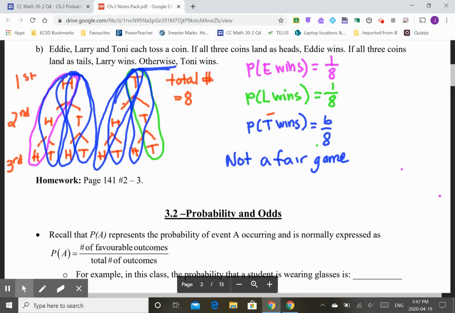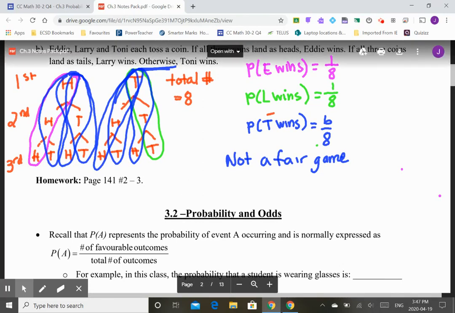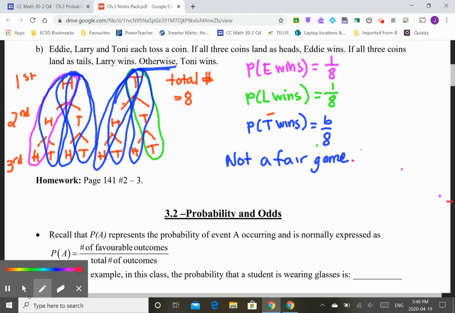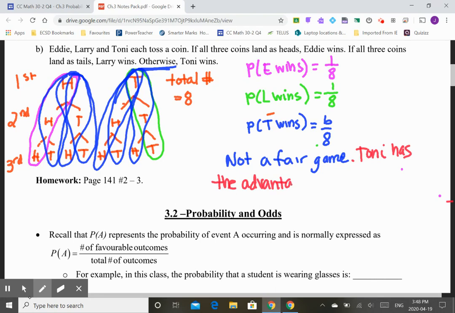So we can see here that this is not a fair game. We can also say that Tony has the advantage since her probability is higher.